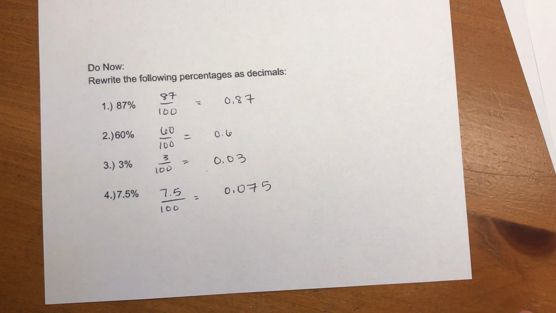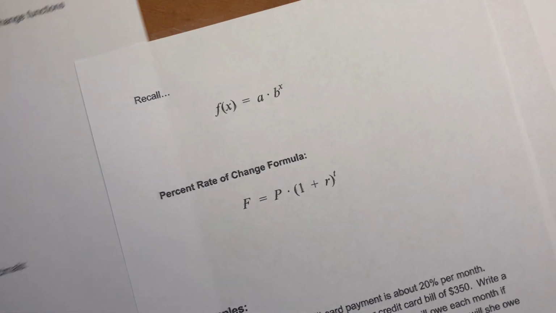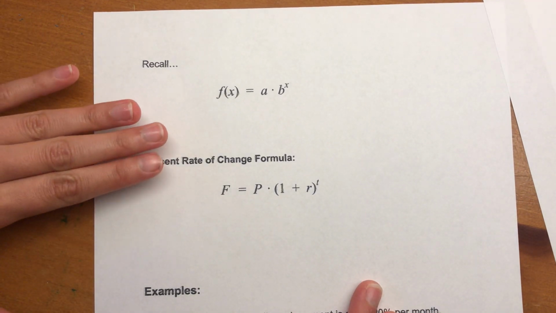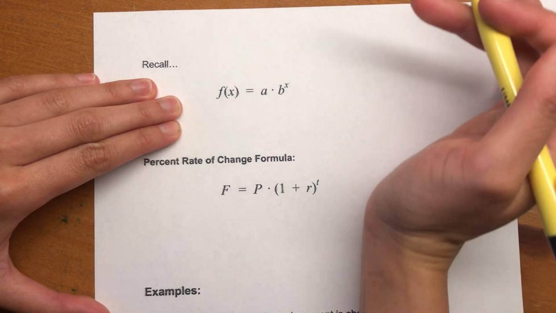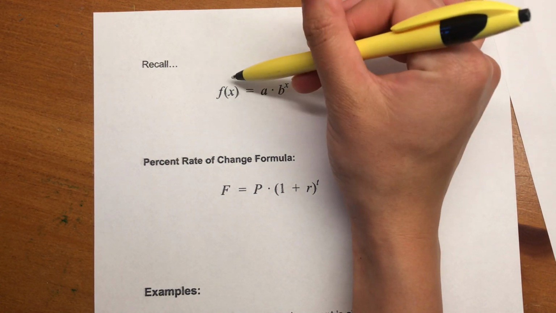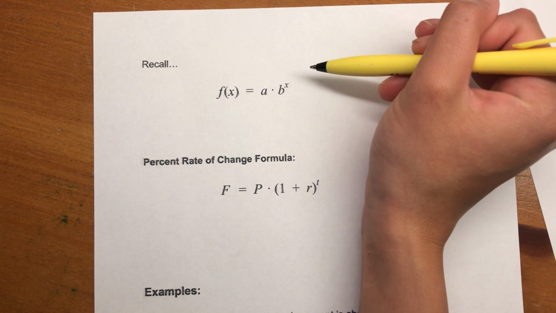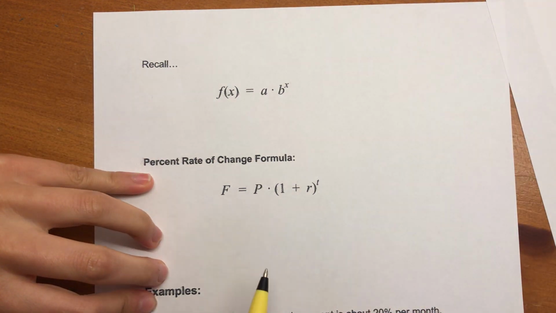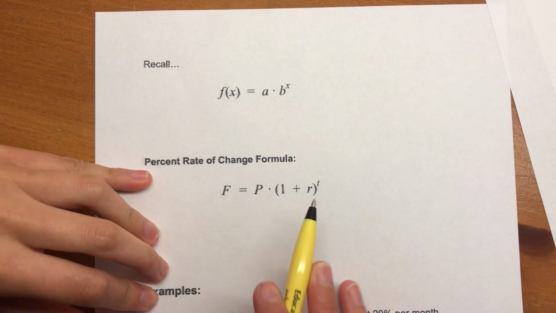Okay, so first, what I want to do is recall and remember our old exponential change formula. So this is the exponential growth or decay formula. So we have f of x equals a times b to the x. This formula is still going to be relevant because our new formula is very similar.